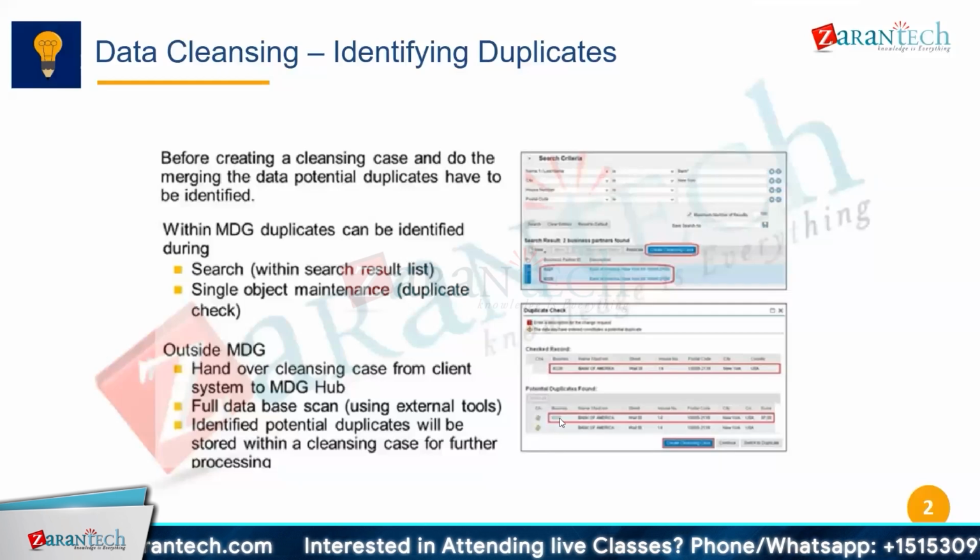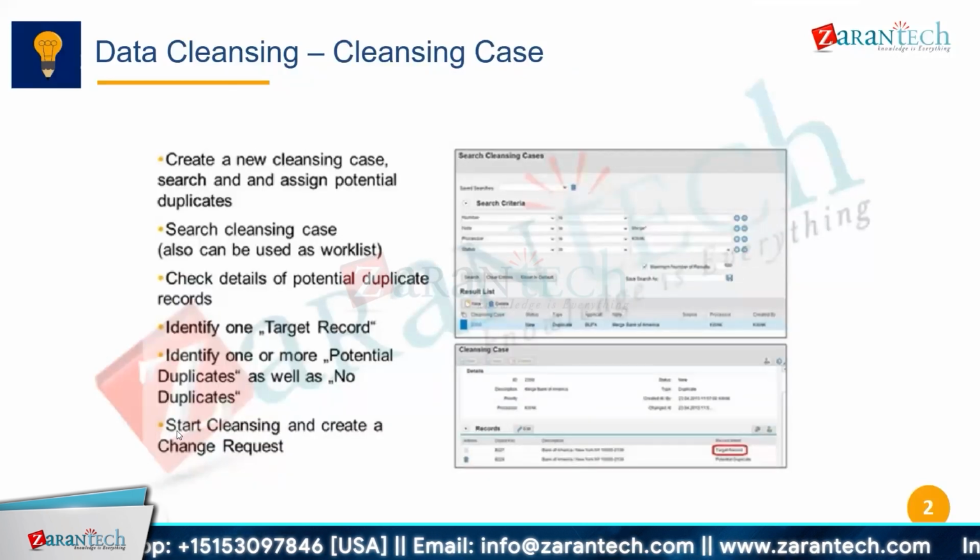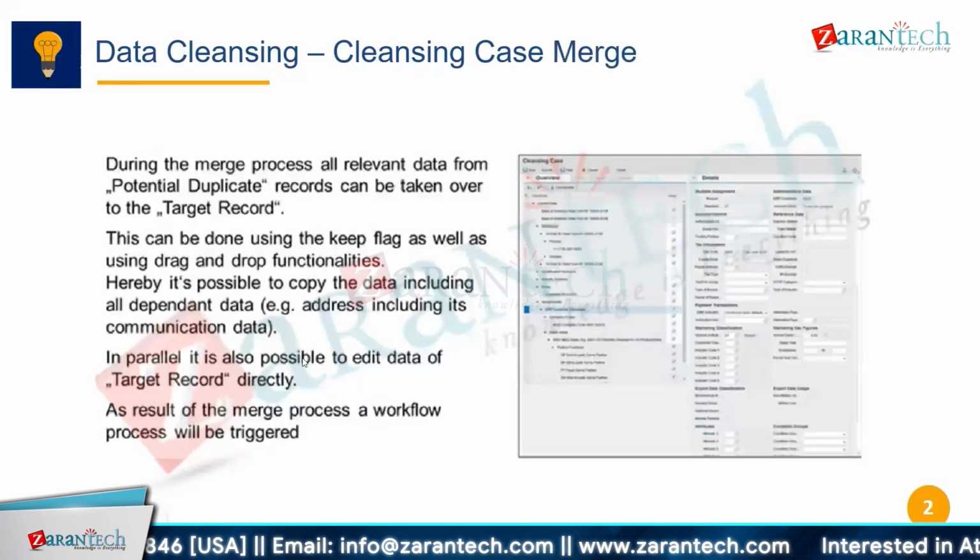You can see that clock symbol, and it will give you the list of error messages. If you are creating a change request for a duplicate, it will display the duplicacy, how much percentage is duplicated. If a supplier or vendor is already created, it will give you that information. So we can start cleansing and create a new change request. That is a different concept.